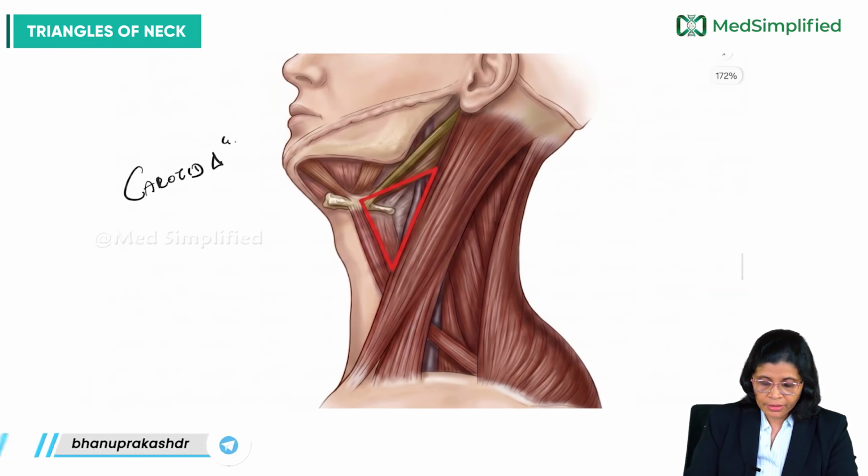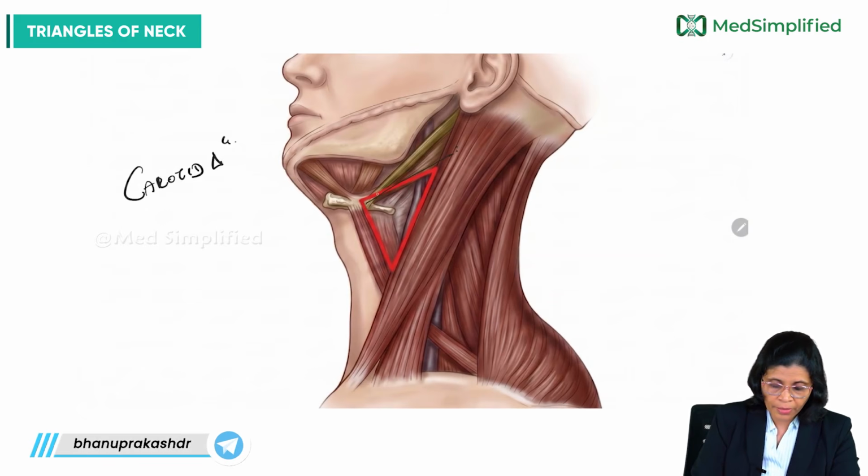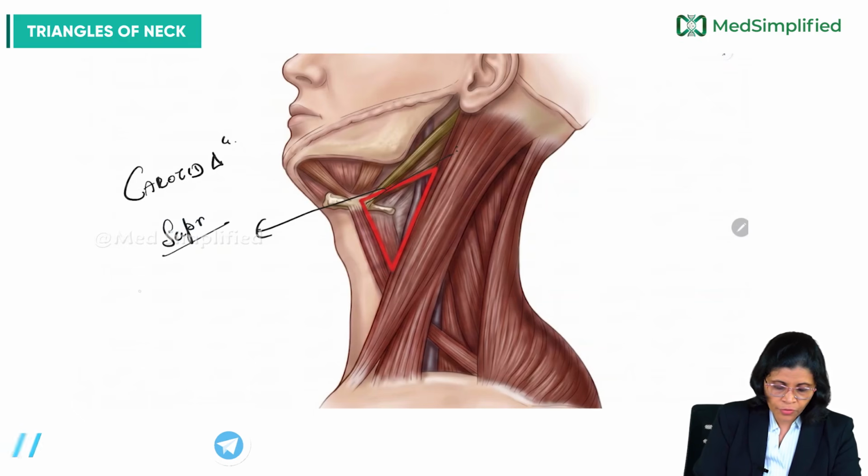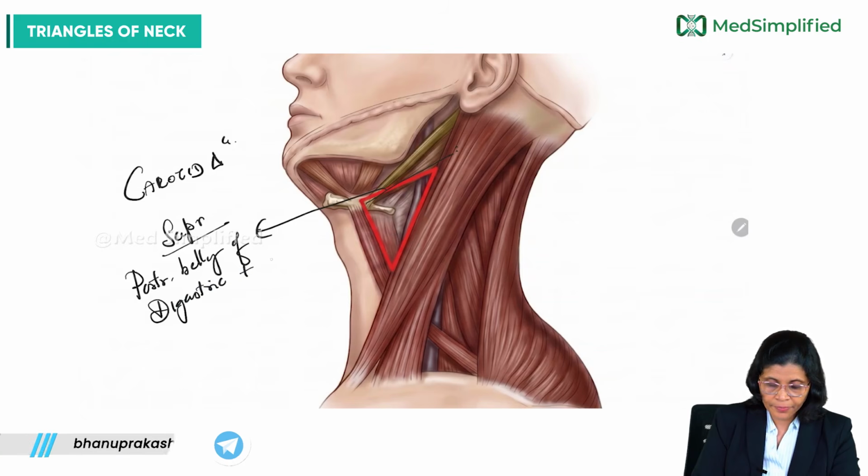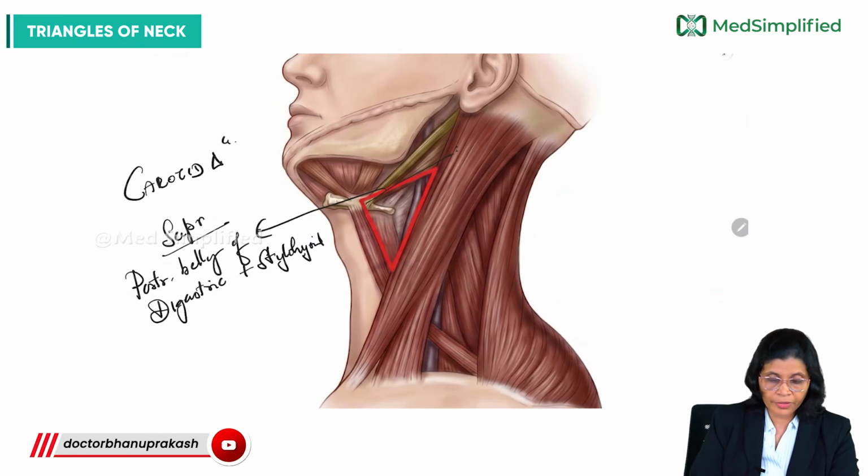So here, superiorly, the superior boundary is formed by the posterior belly of digastric, supplemented with the stylohyoid muscle. Okay, stylohyoid plus posterior belly of digastric.